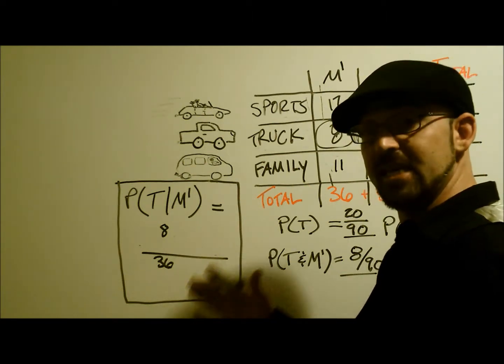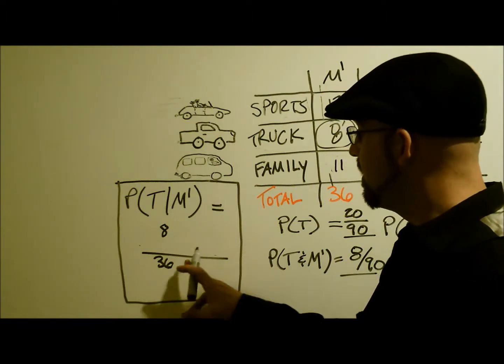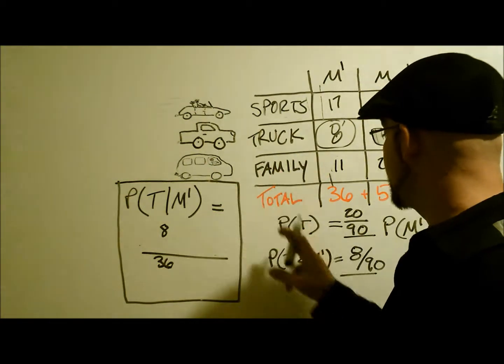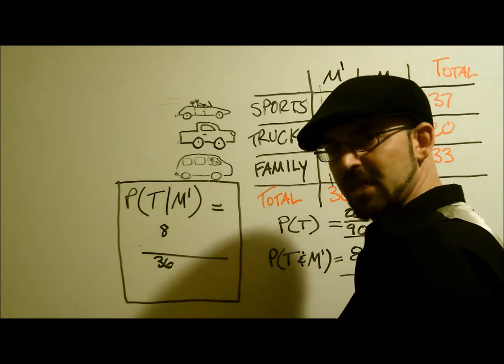Now, is it independent or not? Well, if it is independent, then this will have to equal the probability of owning a truck, which is 20 over 90. Do they equal? Let's find out.